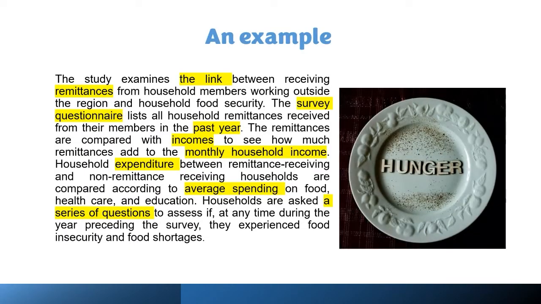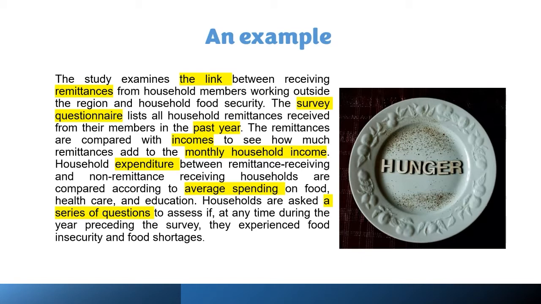Here's another example of typical quantitative work. This person writes about food security, and he says the study examines the linking things, already quantitative, between receiving remittances from household members working outside the region and household food security. The survey questionnaire lists all household remittances received from their members in the past year. Can you see it's a time-bound measurement, it's a questionnaire, it's standardized, it's a survey, it's cross-sectional, all these things are quantifiable.